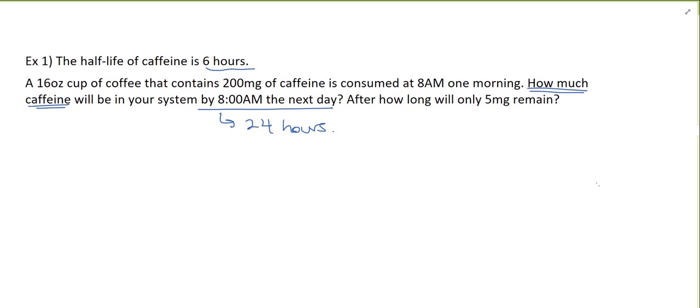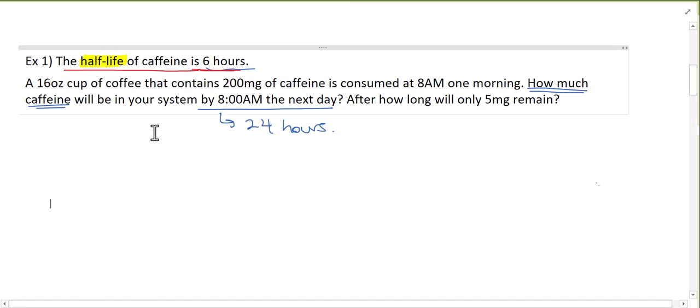Now the other thing that is mentioned in this problem is that the half-life of caffeine is 6 hours. So what is half-life? Half-life is the time that it takes something, a substance or a mass, to decay to half its original amount. So in this case, the half-life of caffeine is 6 hours.